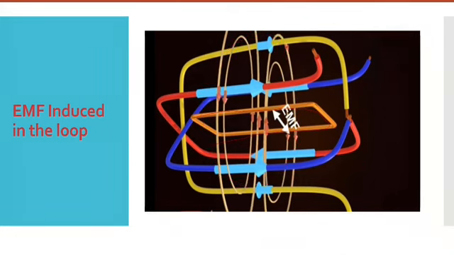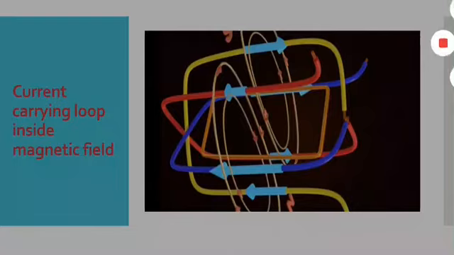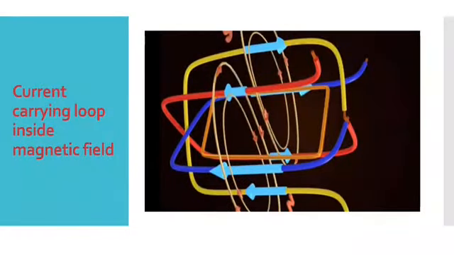Whenever the electromagnetic force is produced and there is a current carrying loop inside, that loop experiences the force, and due to that force the loop starts to rotate.